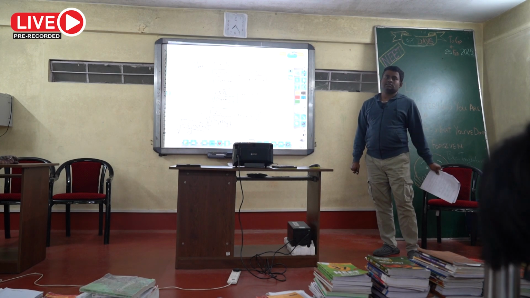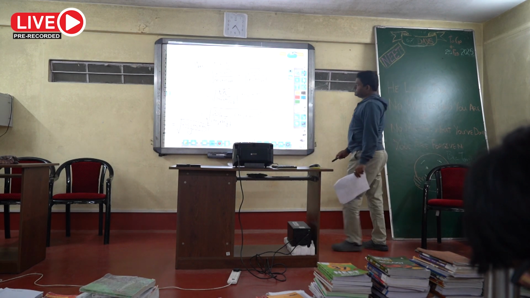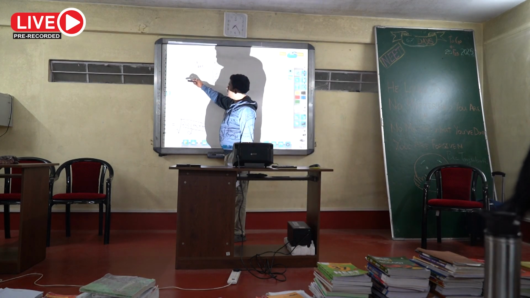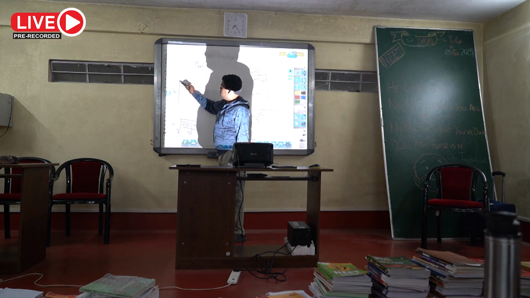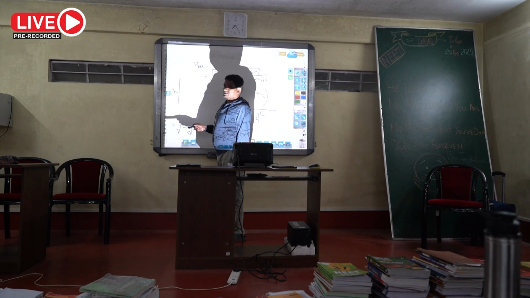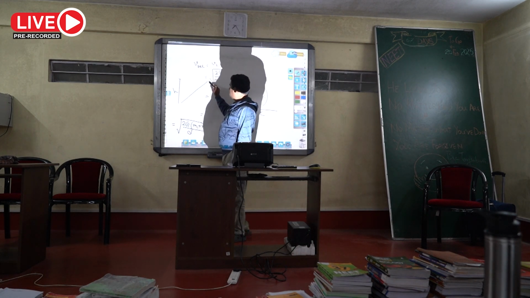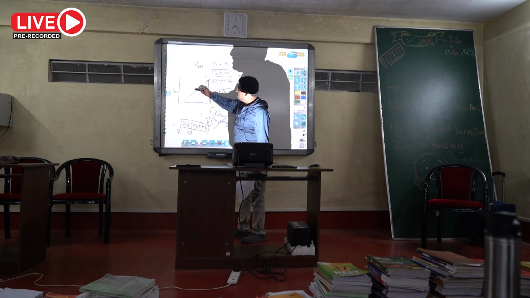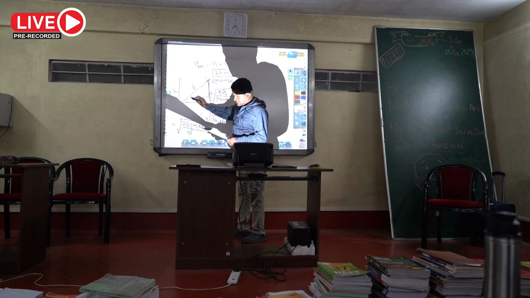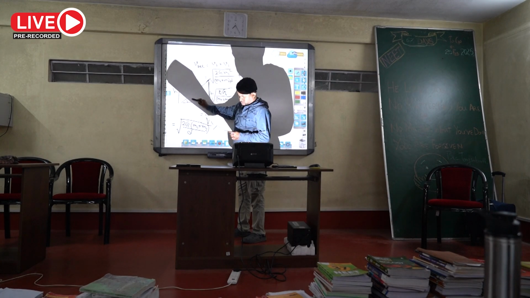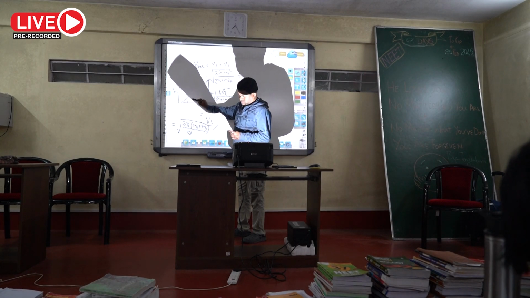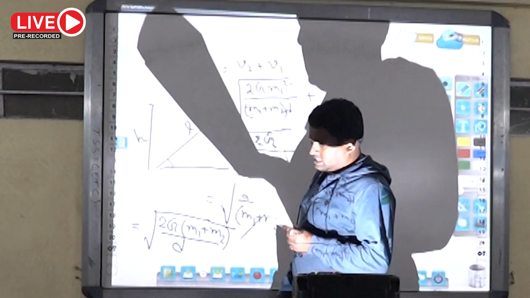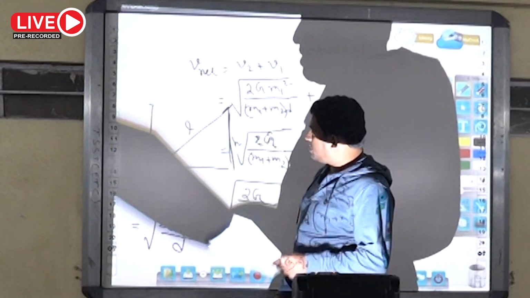Then next problem, 49. 49 is very easy. The height of the mercury column is h when the tube is vertical. When the tube is inclined, this is a sufficiently long tube, let us consider, the height of the mercury column from the horizontal level must be h. This length is L, and the tube is inclined with the vertical.